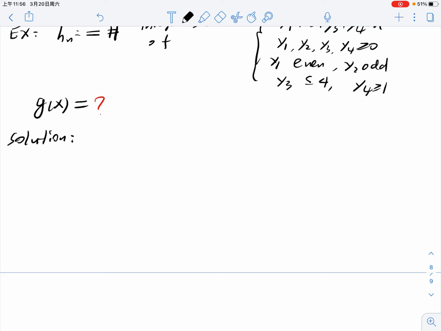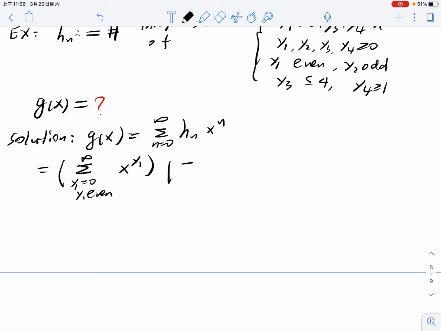From the second method used in the above example, we know that the generating function can be written in the following way. So here, y1 is from 0 to infinity, y1 is even, x to the y1. And y2 is from 1 to infinity, y2 is odd, x to the y2.